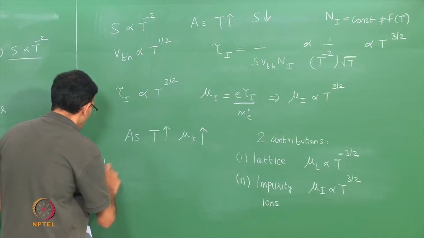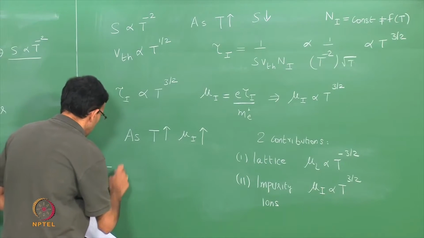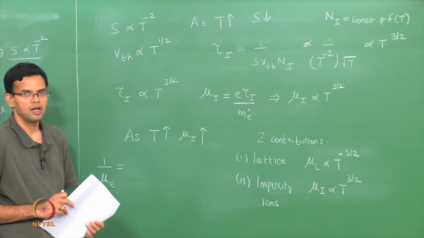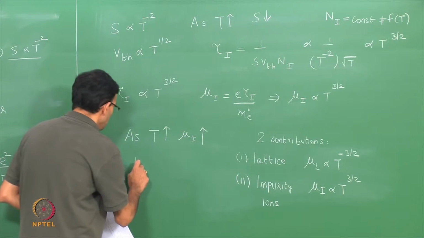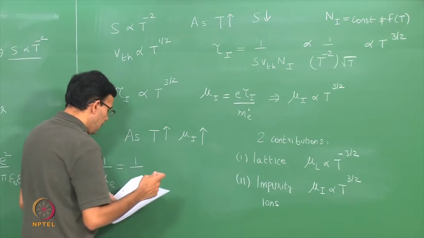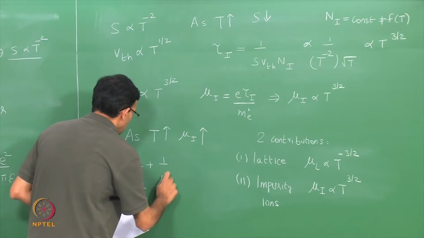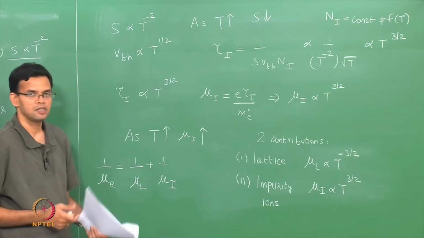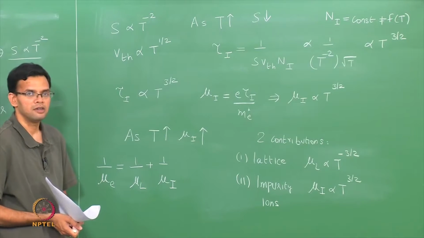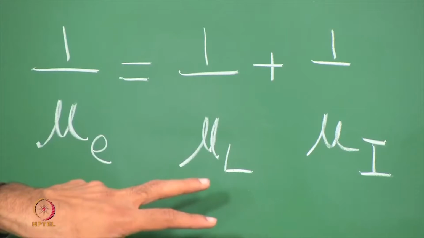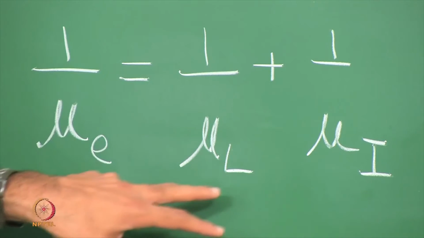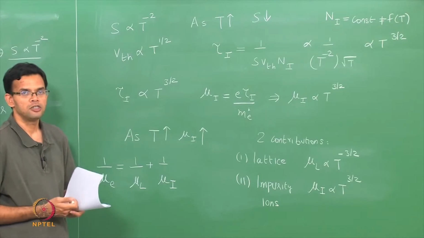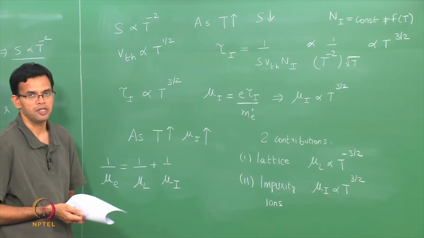So, if you look at the total mobility, it will be dominated by whichever scattering process has the lower value. So, we can write 1 over mu E as 1 over mu L plus 1 over mu I. So, this is in the case of an extrinsic semiconductor, where we have contribution due to both the impurity atoms mu I and the lattice mu L. So, let us put this together and then do a plot of the conductivity versus 1 over temperature.